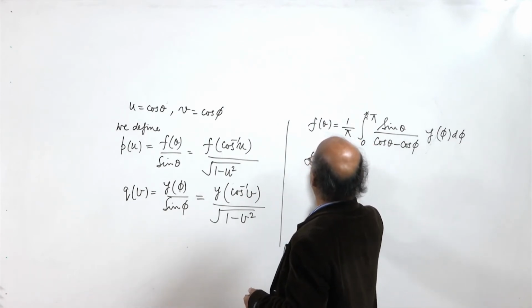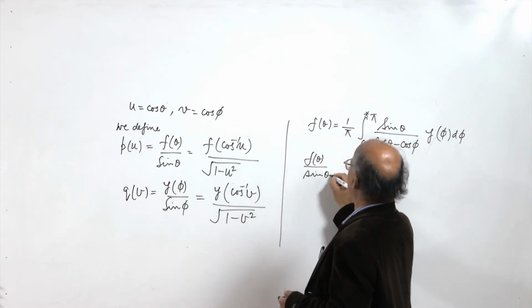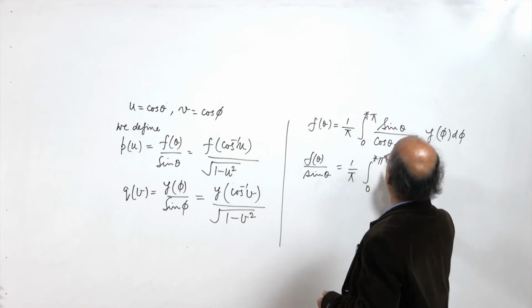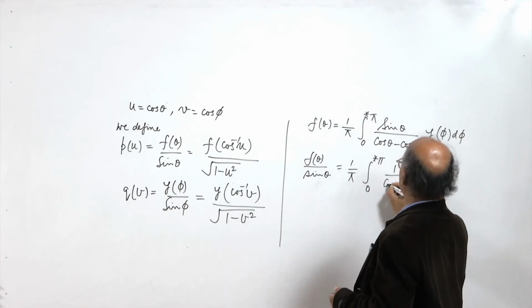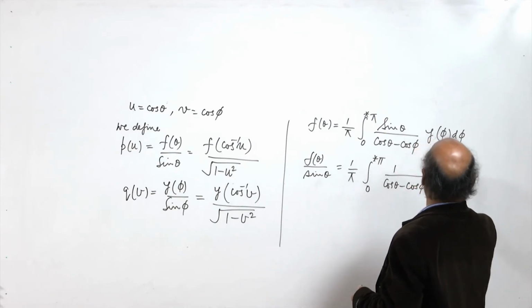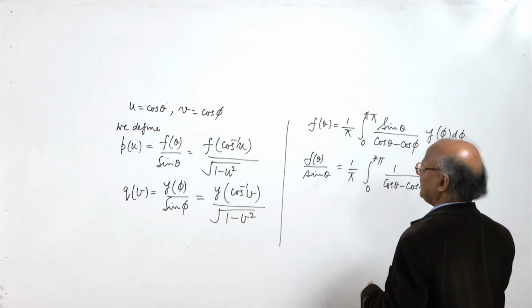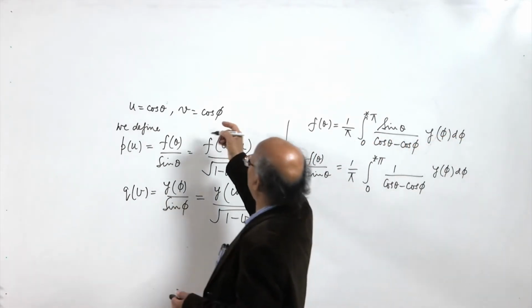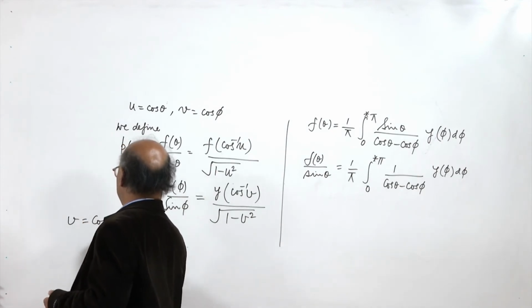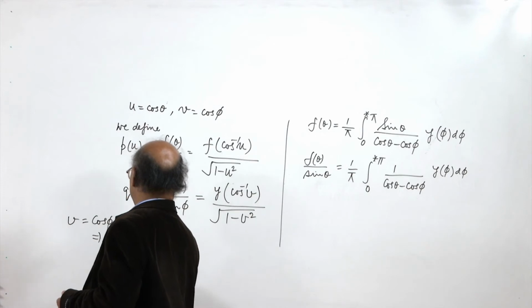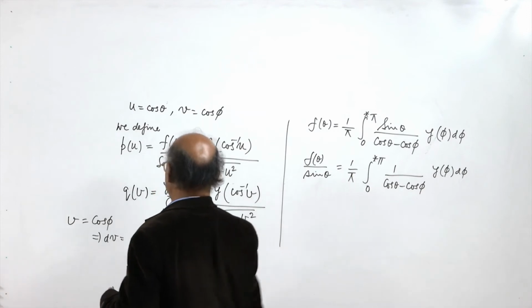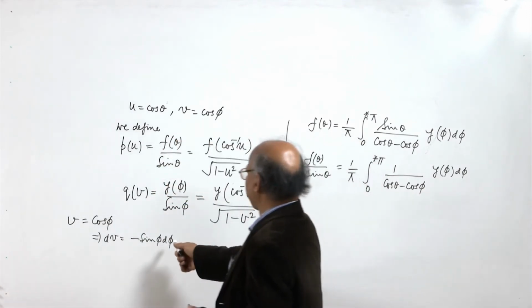So I get f(θ)/sin θ equal to 1/π ∫ from 0 to π 1/(cos θ − cos φ) ψ(φ) dφ. b = cos φ gives us db = −sin φ dφ. So let us replace the value of dφ here.